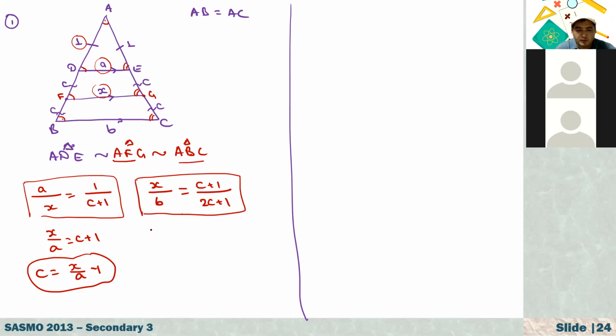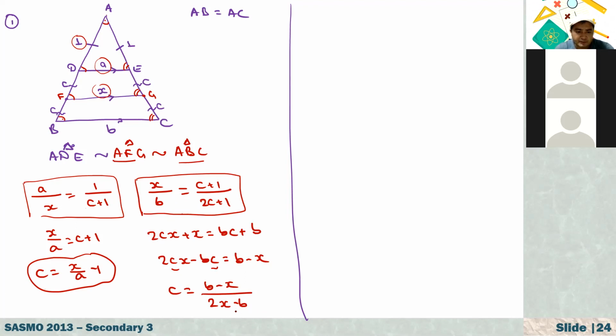We have cross multiply 2CX plus X is equal to BC plus B. Take BC to the left-hand side. 2CX minus BC is equal to B minus X. So C is a common factor. C is equal to B minus X, divide both sides by 2X minus B, right? So now C equals this X over A minus 1. C equals this B minus X over 2X minus B, right?